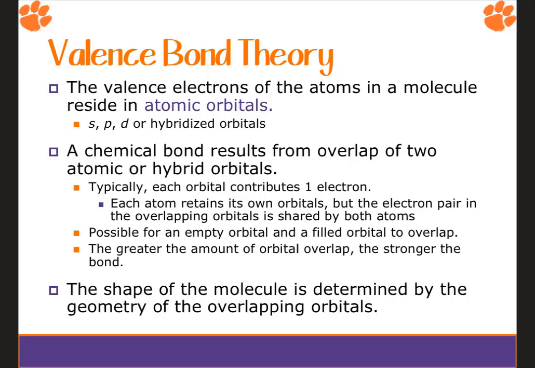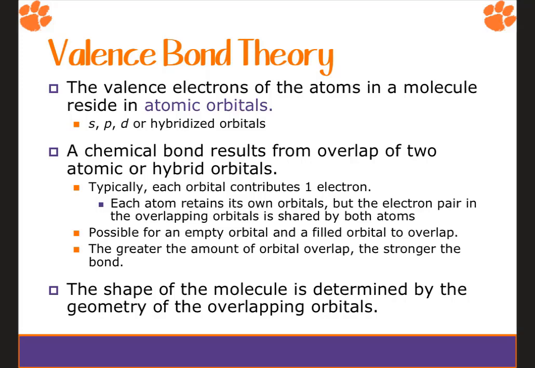A chemical bond results from the overlap of two atomic or hybrid orbitals. They usually each contribute one electron, and they overlap with another orbital that contains another electron, and you make that pair, and that's what forms your bond. That's what holds these atoms together.